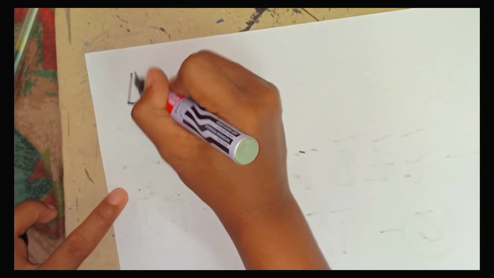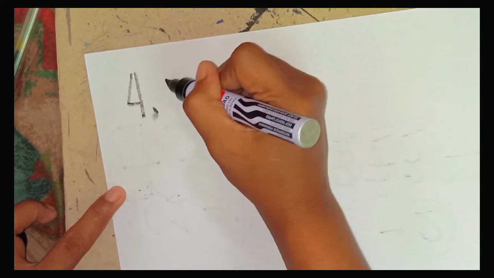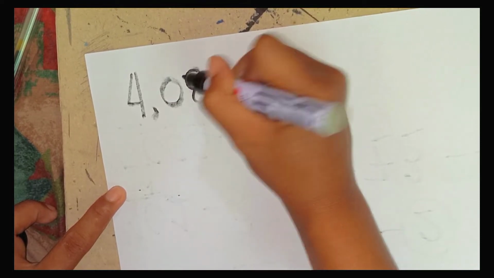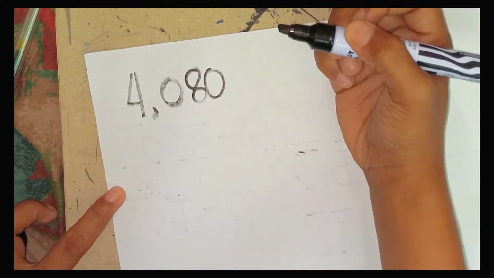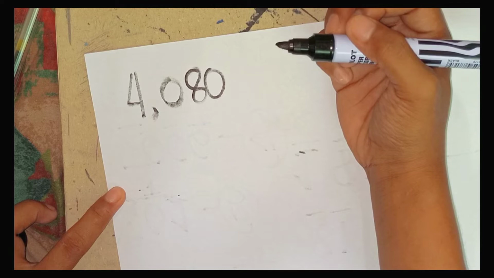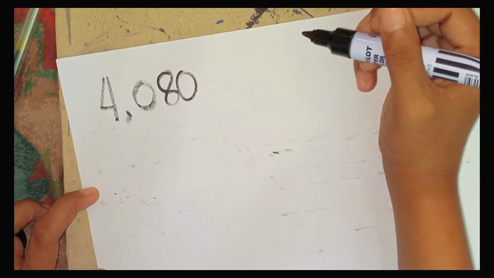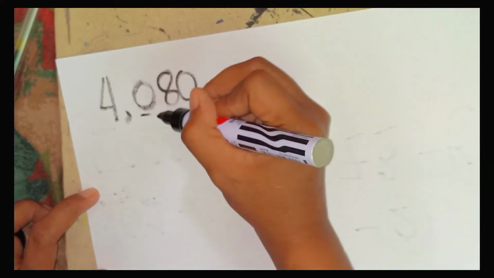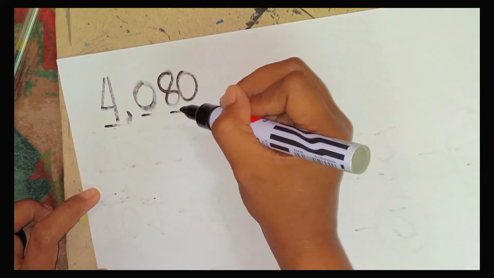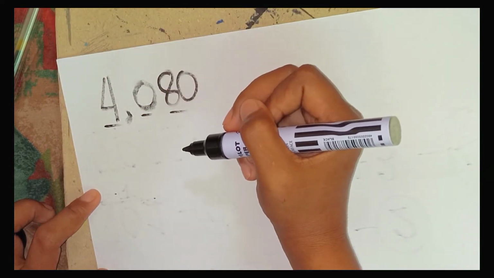So now, what about this 4, 0, 8, 0? How many significant figures will it have? So the zero in between 4 and 8 is counted as significant.